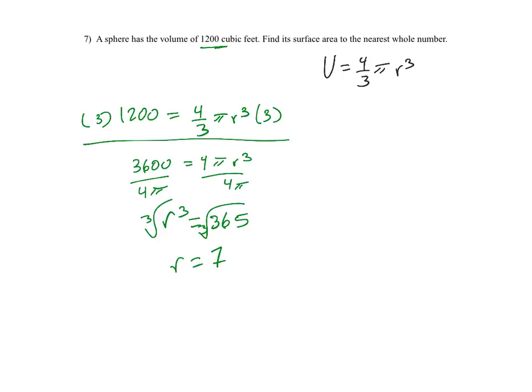So now my surface area equals 4 pi times 7 squared. So that means it is 615, well, 616, because we round to the whole number. Feet squared.